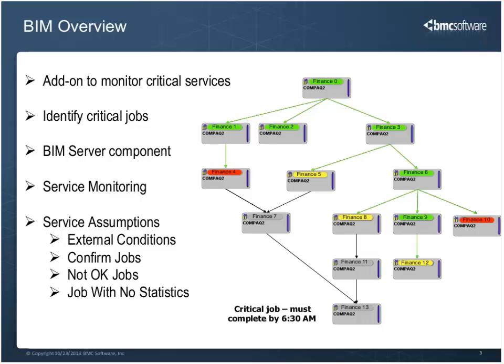Without BIM, we'd have to manually calculate all the different times and dependencies between your jobs. But BIM does this for us automatically, so that's a really great feature. We first need to identify which is the most critical job. Again, here at the bottom, we have the job that is the most critical, must end by a certain time, and would be affected most by anything above it.